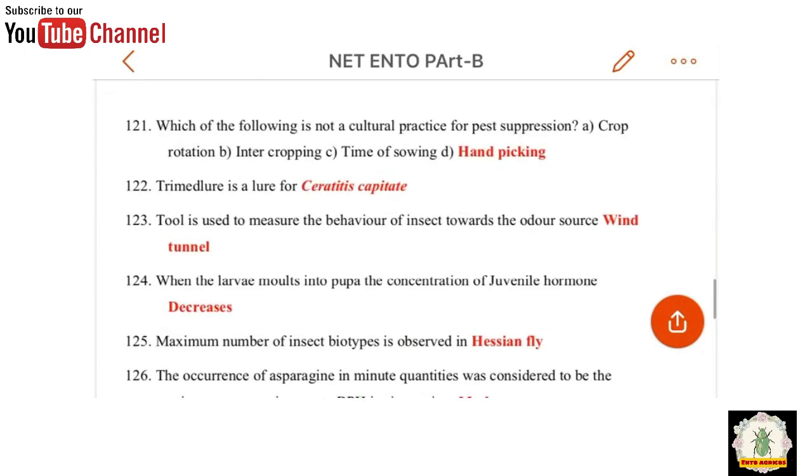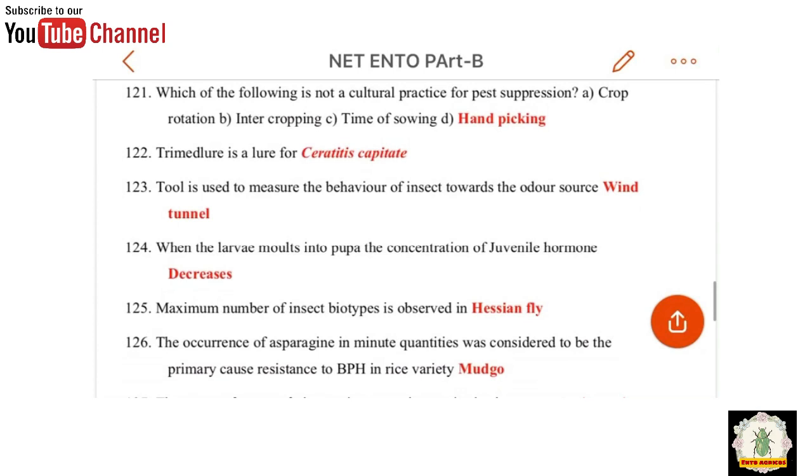Next is the maximum number of insect biotypes is observed in what? So they are observed in Hessian fly, and the total number of the biotypes observed in the Hessian fly are 28 in number. The occurrence of the asparagine in minute quantities was considered to be the primary cause of resistance to brown plant hopper in rice variety.